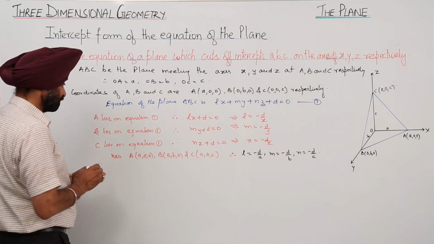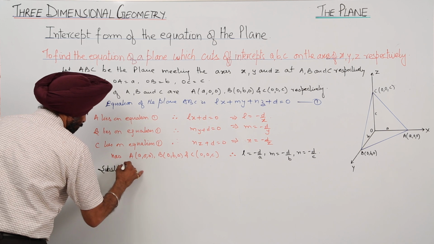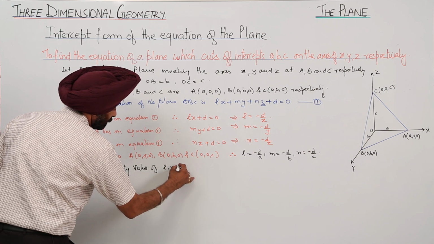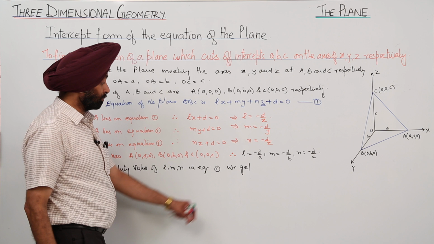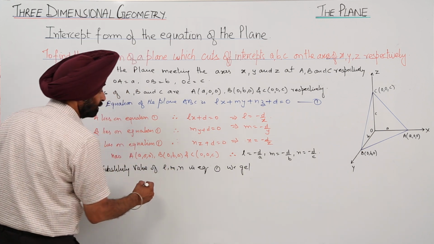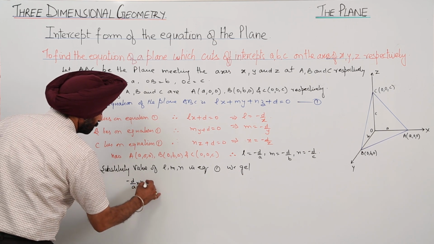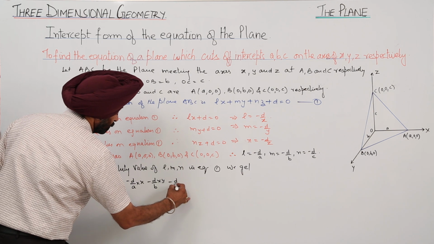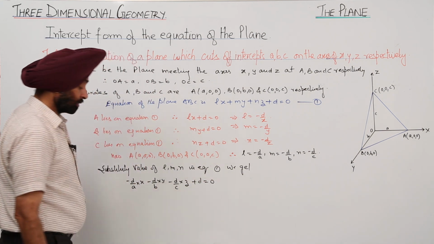Substituting the values of L, M and N in equation 1, we get minus D upon a with x, minus D upon b with y, minus D upon c with z, plus D is equal to 0.